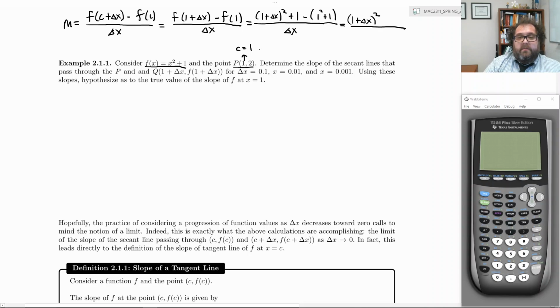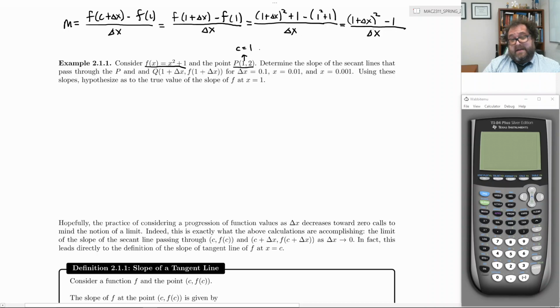Okay, we have 1 squared plus 1 is 2, so minus 2, over delta x. Now, you might tell me, well, yeah, you could simplify this a little more, and you'd certainly be right. I'm going to leave it like that for the time being, though, because that's enough for the exercise we're working on. This is enough simplification. Okay.